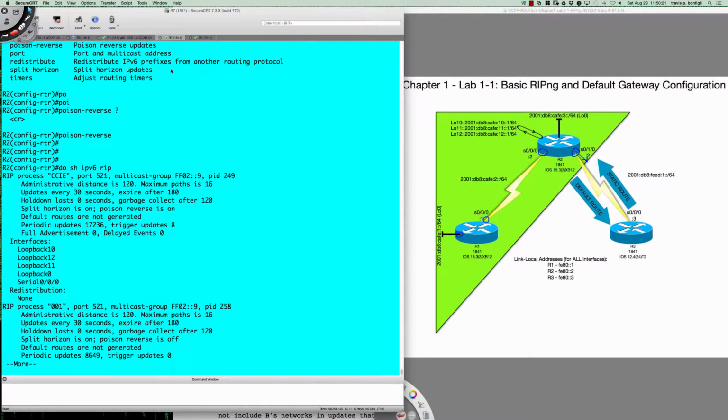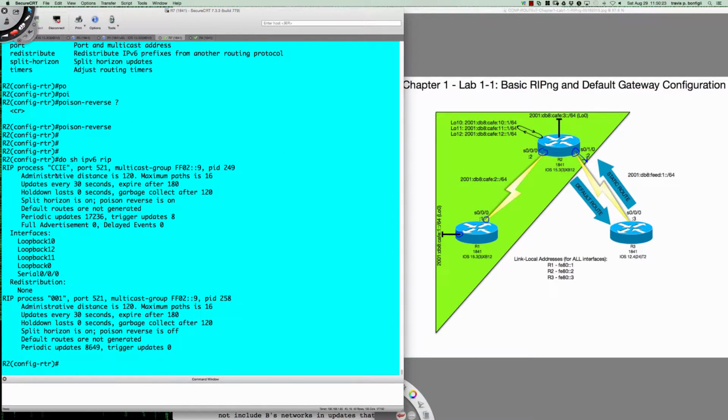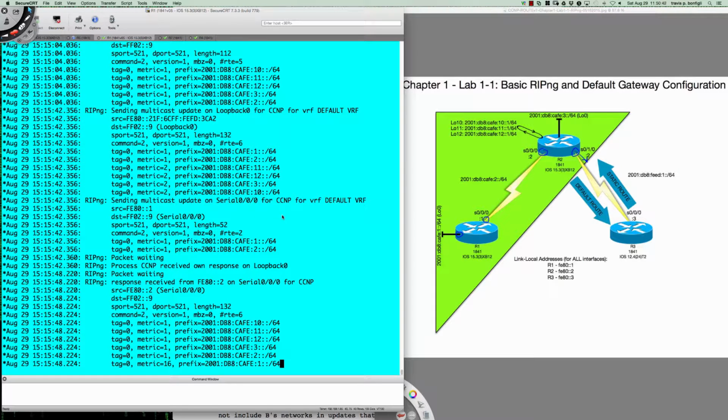Let's confirm, and we did create some additional RIP processes here, but we're interested in the CCIE process, that's the one that's actually in use. Now let's take a look here. Split horizon is on, poison reverse is on. So they're both on.